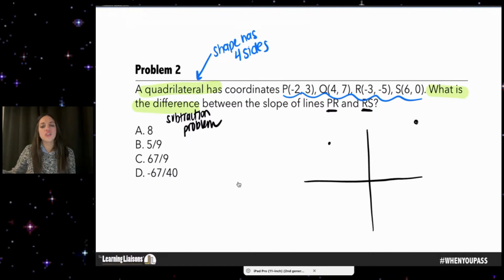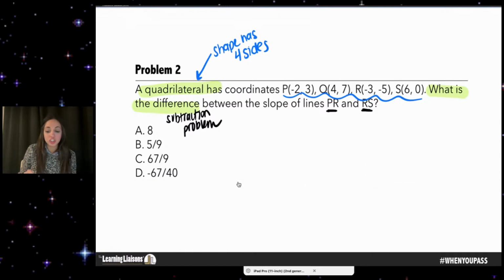Do I need to graph this? No. Now, if you're not comfortable finding slope without graphing, you need to be a little bit more comfortable finding slope without graphing. If you're not, and that's your last resort, go for it. Sometimes we've just got to use last resort options, right?